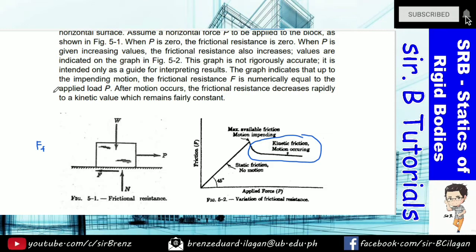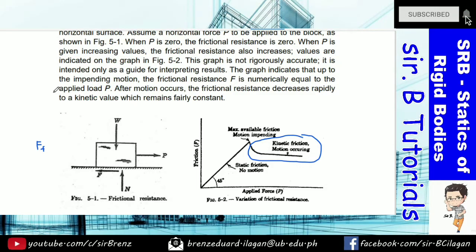Okay? So, for example, sumandal ka doon sa wall or itutulak mo yung wall. Lagyan mo ng konting puwersa. Syempre, yung frictional force mo, magkakaroon din ng corresponding changes. And then, once na na-applied mo yung maximum na force which will impede motion, unti-unti ka nang gagalaw.